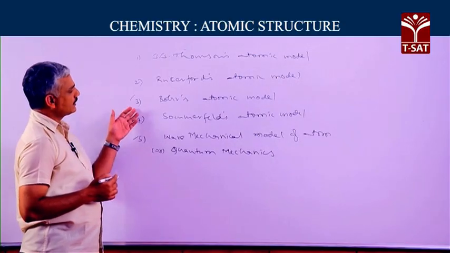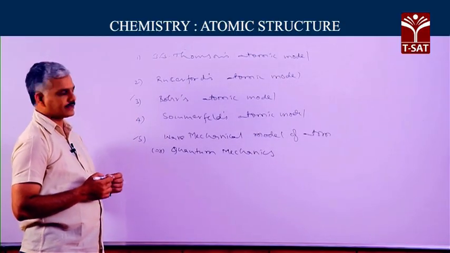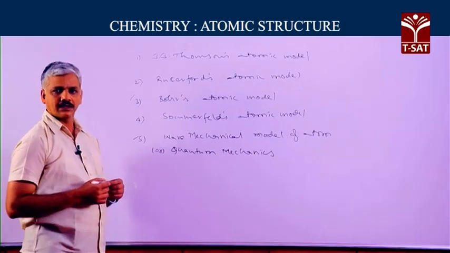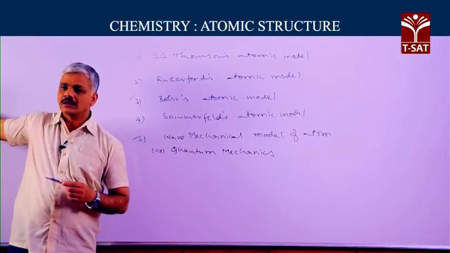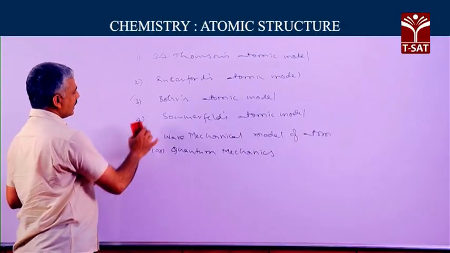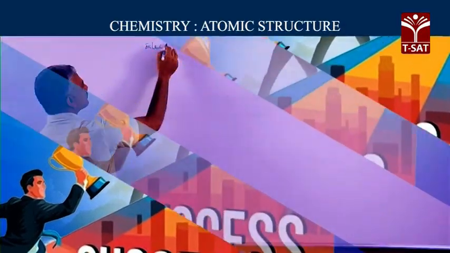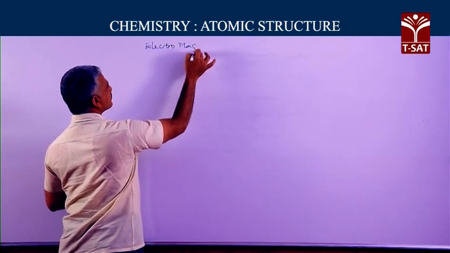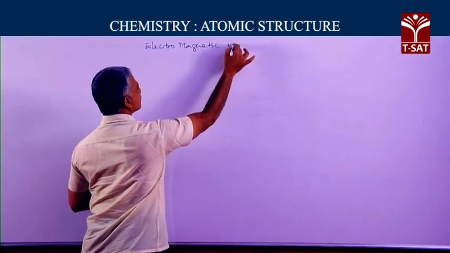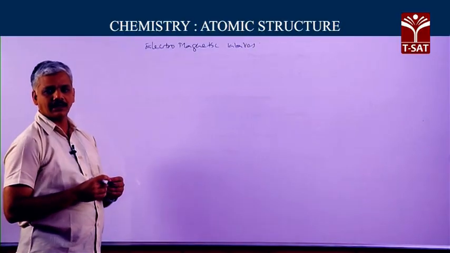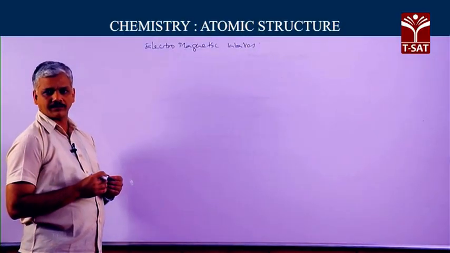But before going into the detailed study of Bohr's atomic model or wave mechanical model, first we should be aware of the concept of electromagnetic waves. What do you mean by electromagnetic wave?